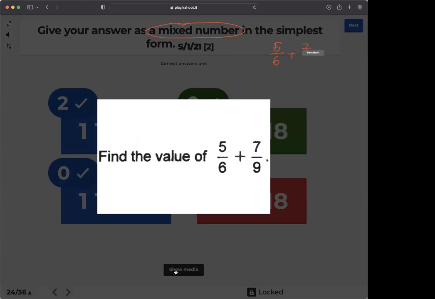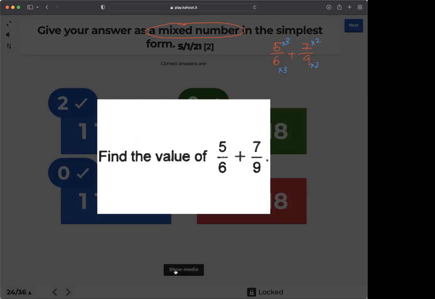5/6 plus 7/9. For you to add these two together, you need to make sure the denominators are the same. How to make the denominator the same? I multiply by 3 for the left side. I multiply by 2 for the right side. So that my denominator becomes the same, which is 18. Clear?